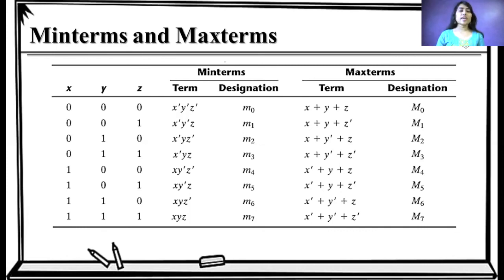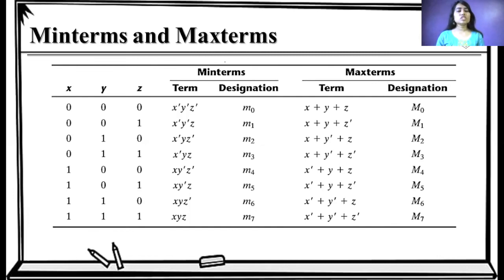Now for x is equal to 0, y is equal to 0, z is equal to 1, here z is equal to 1, so z is represented as an inverted variable, and for x is equal to 0, y is equal to 0, normal variables. So this combination can be represented as x plus y plus z dash.